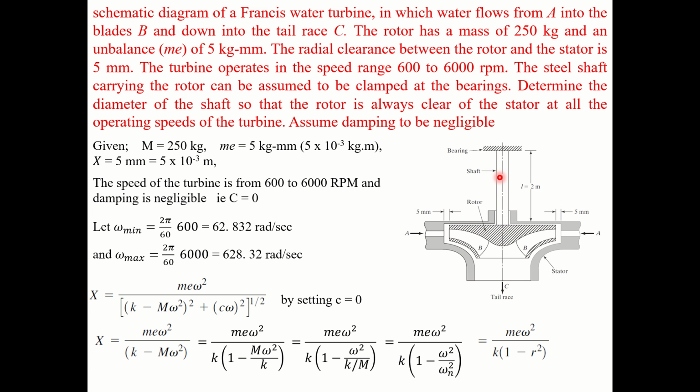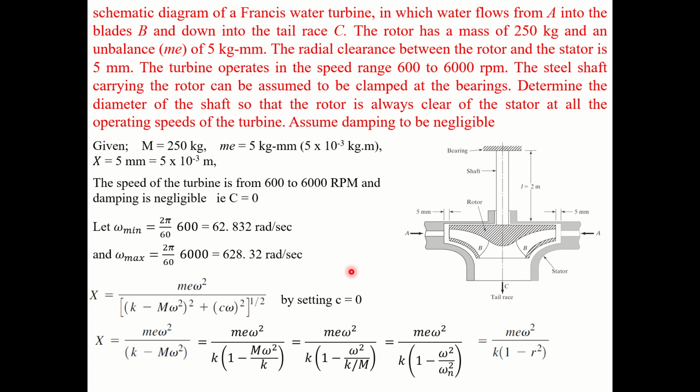So what is the formula we have? This formula we have, the force and response of this system. It is a rotating unbalanced system. Since there is unbalance, you have to take me omega square instead of f naught. Now put c equal to 0 since there is no damping. Once we get this, stiffness we have to find out. Stiffness is not given, so that is the main agenda here.